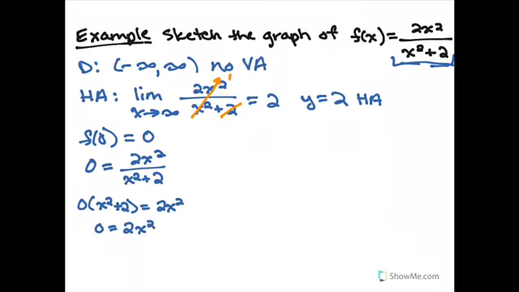So I get 0 equals 2x squared divided by 2, which is just going to go away, right? So I get x equals 0. I got the same intercept that I had already found because 0, 0 is an intercept for both x and y. Okay, so that's going to be the only intercept that I have on my graph.